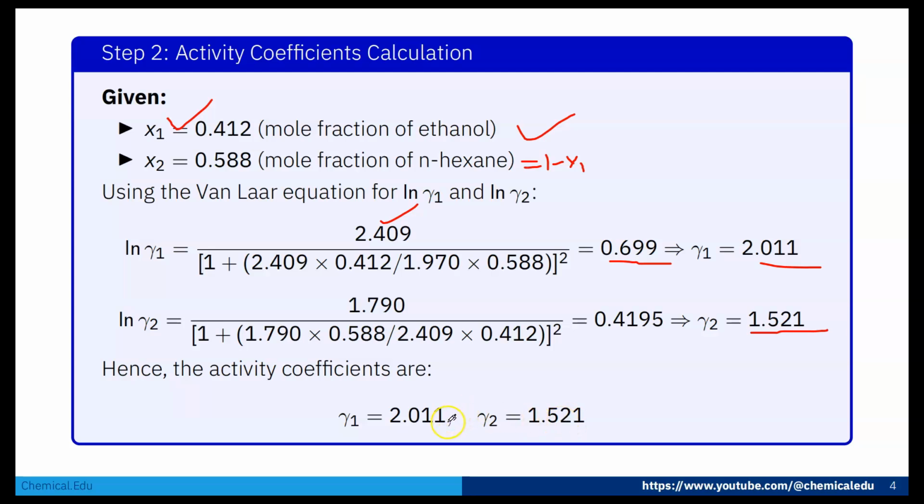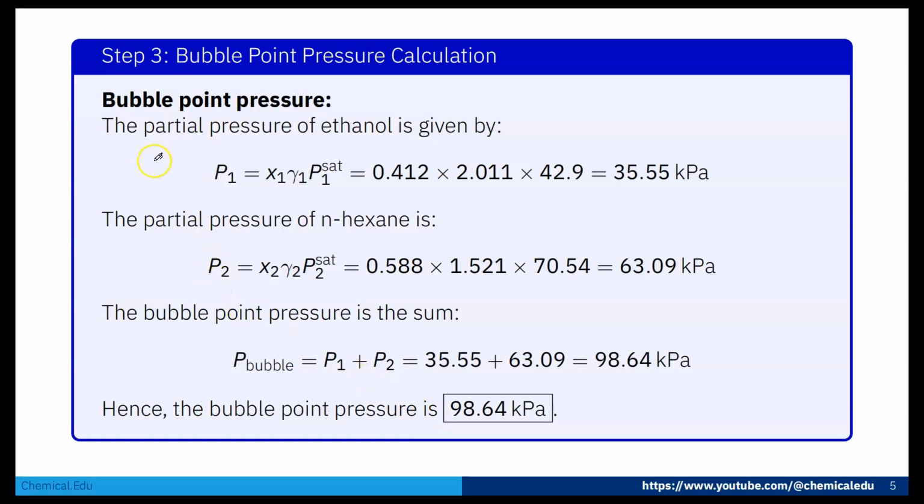After getting gamma 1 and gamma 2, we can now calculate the partial pressure of ethanol, that is P1 equals x1 gamma 1 P1 sat. So x1 is 0.412, gamma 1 we got 2.011, and P1 sat we got 42.9, so ultimately P1 is 35.55 kilopascal. Similarly, the partial pressure of n-hexane, P2, is nothing but x2 gamma 2 P2 sat.